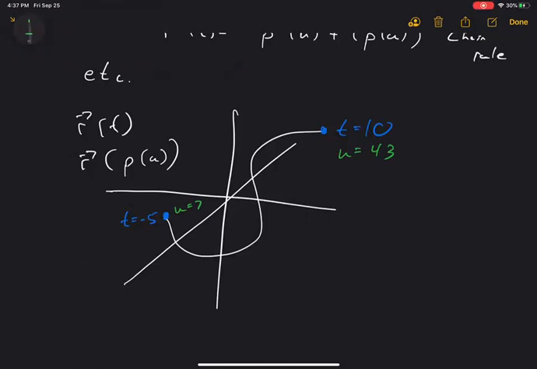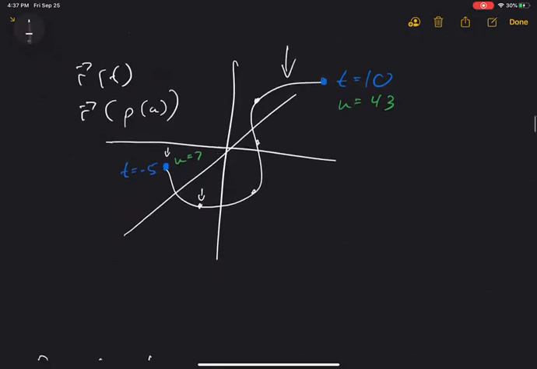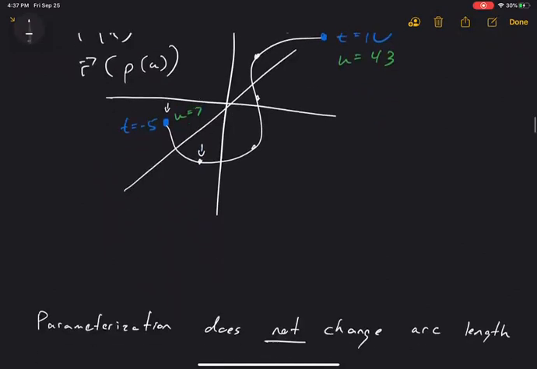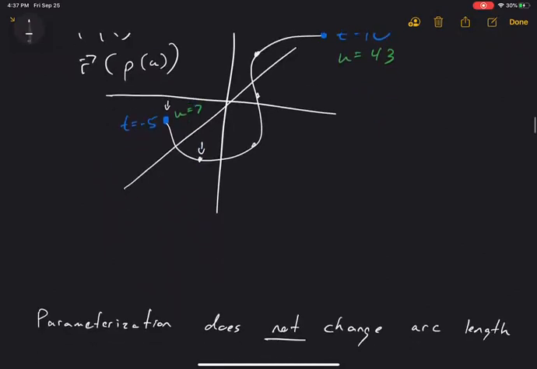But look at the curve itself. Nothing's changed about this curve, right? The curve is unchanged. It's just that the values we associate to these points are changing a little bit, but the length of this curve definitely hasn't changed. So it shouldn't matter what parameterization we're using. We should always get the same arc length.